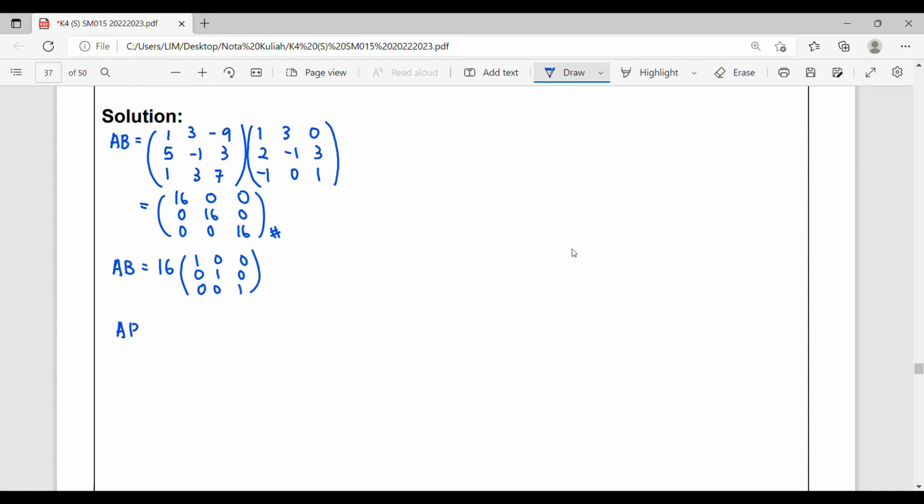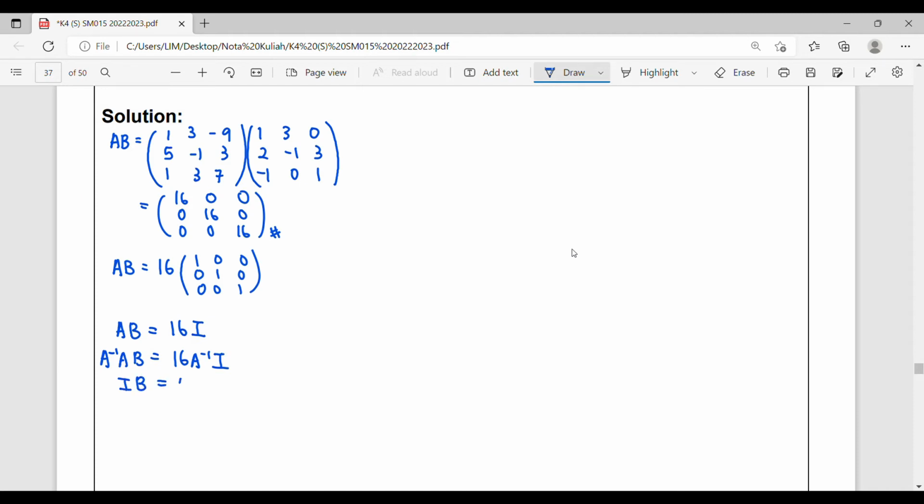So AB will be equal to 16I. In order to find A inverse, we will multiply A inverse in front of the left hand side and A inverse in front of the matrix identity. Then we perform the properties where A inverse times A will give us identity.